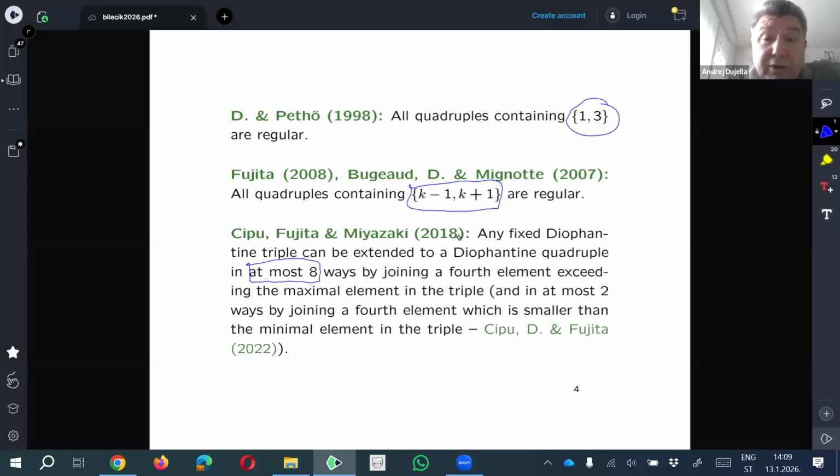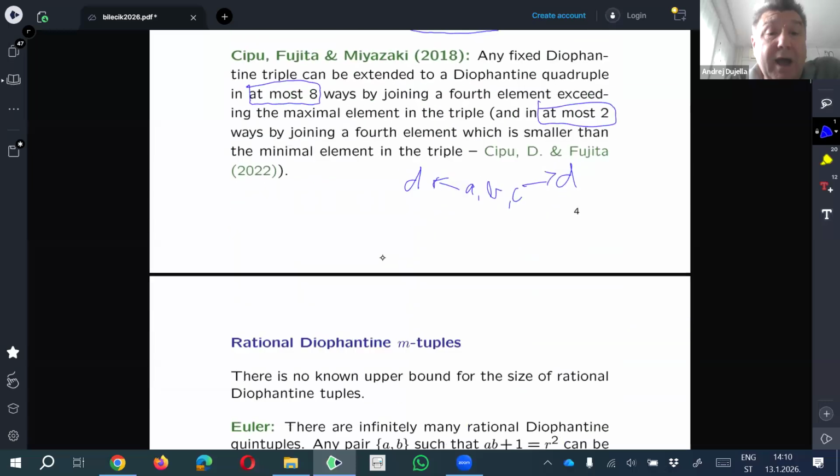In the opposite direction, if we start with a, b, c and ask in how many ways we can extend it with the smallest element, then in joint work with Mihai Cipu and Yasutsugu Fujita, we proved that there are at most 2 ways. But here some open problems still remain.